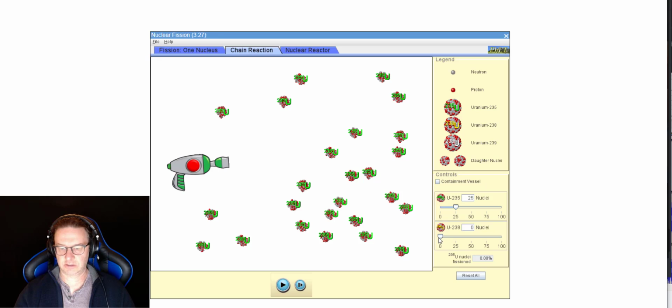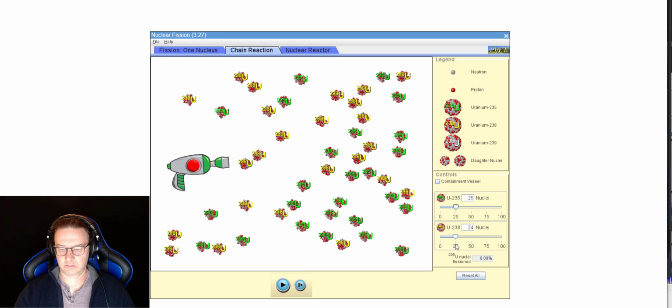Now let's add some uranium-238. Let's see what happens when we have some of each. Well, the uranium-238 changed to uranium-239. It took the neutron and absorbed it.